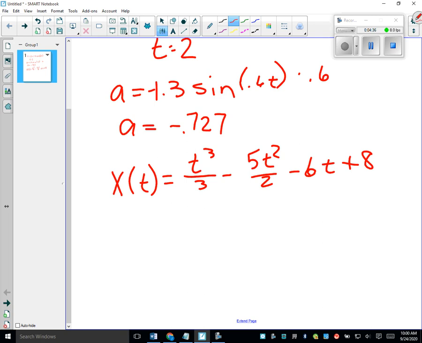Why would we do a quotient rule? What's a quotient? Is this right here 1/3 t cubed? Yes.